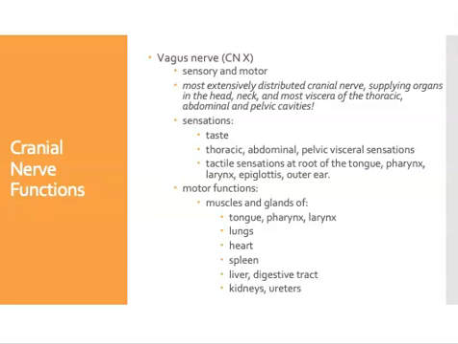Next is the vagus nerve, which is Cranial Nerve 10. The vagus nerve is a fascinating nerve. It gets a slide all to itself. This nerve has both sensory and motor function. And I want you to put a star right next to this information. The vagus nerve is the most extensively distributed cranial nerve.